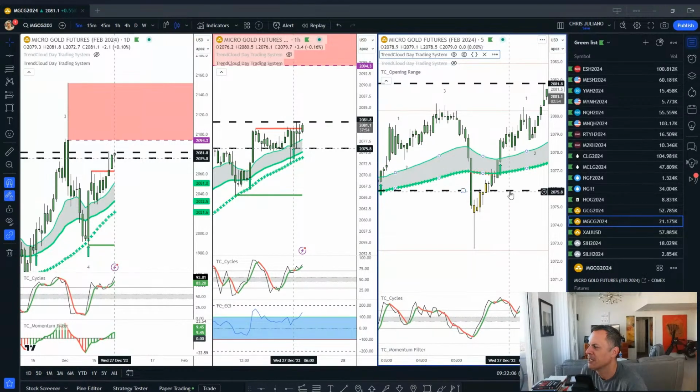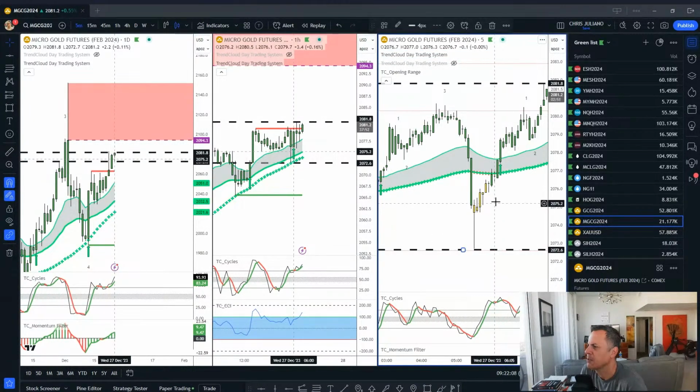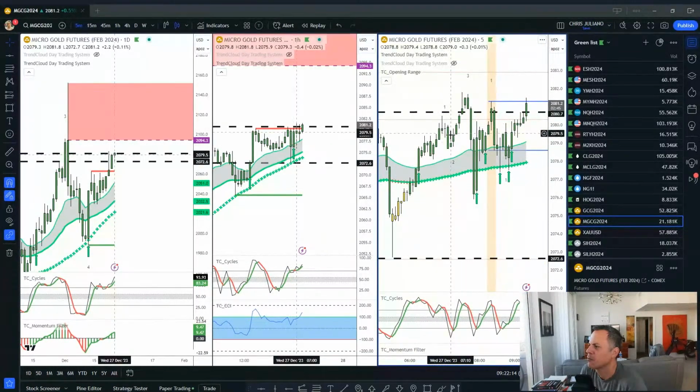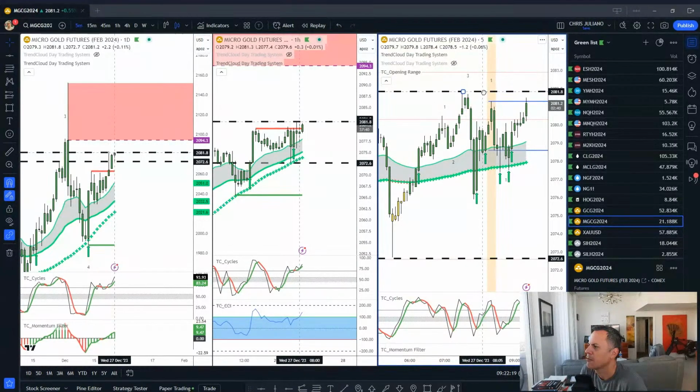In fact, it's really from here. It was from here to here, right? And didn't quite make it, broke to the upside. So we're there, pulls back, and just goes sideways.